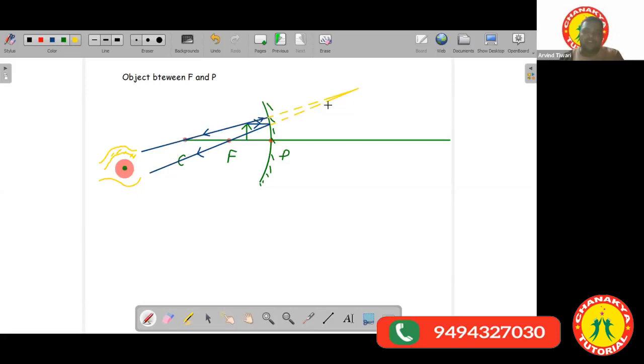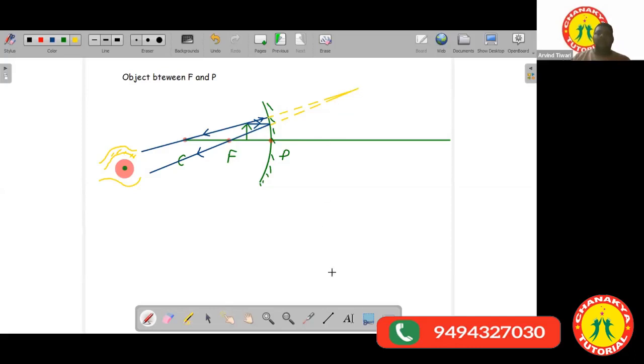So they seem to come from a common point, and hence we extend these reflected light rays backward. So these two reflected light rays have been extended backward with these dotted lines. Okay, so you have to make them with dotted lines.